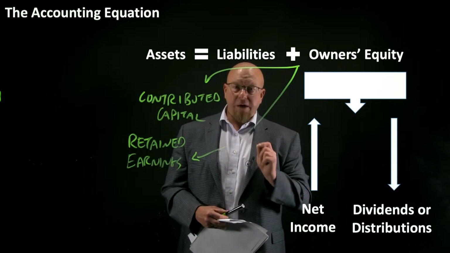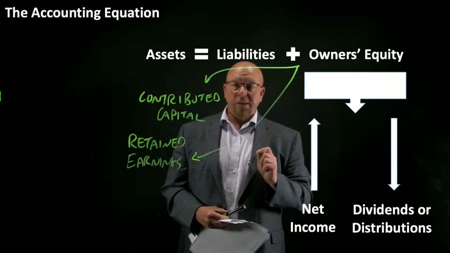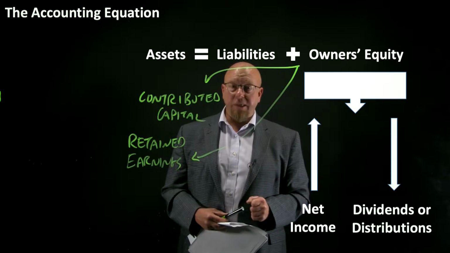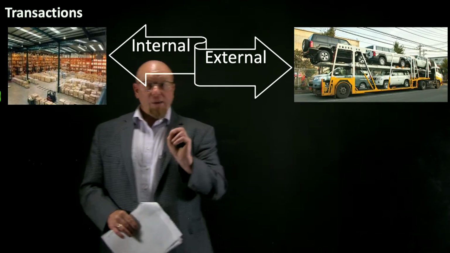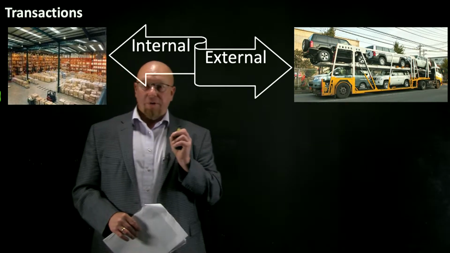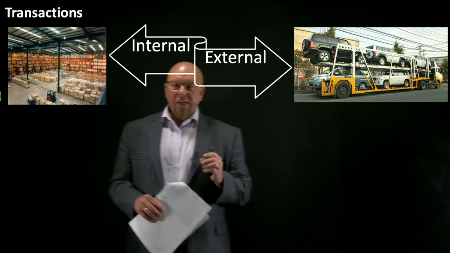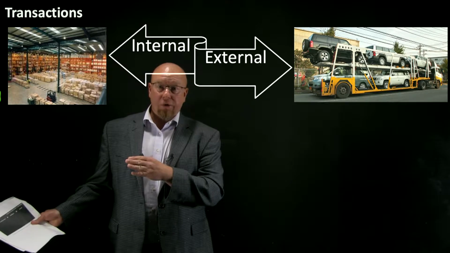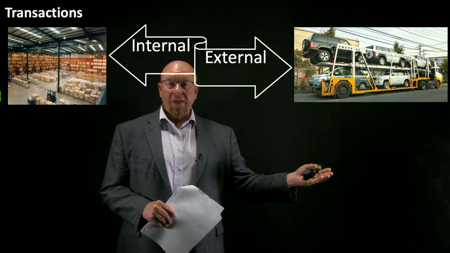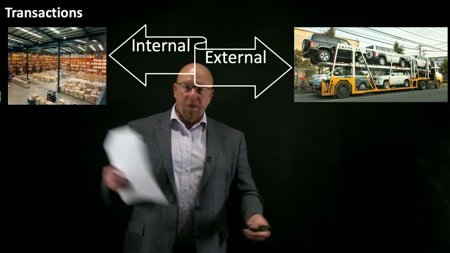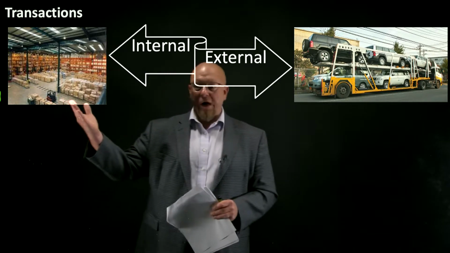So think about the accounting equation as we start to explore recording some of these transactions. We're getting closer to actually analyzing some of those transactions, but before we do that, I want to point out that transactions could be internal to an organization or they could be external to an organization. The pictures I've chosen here, you can see a warehouse.